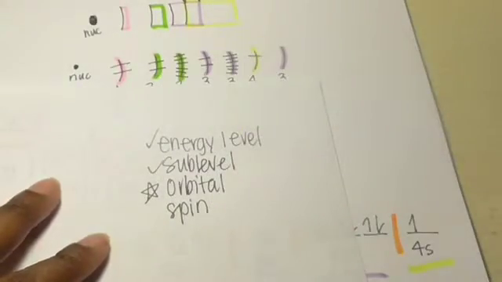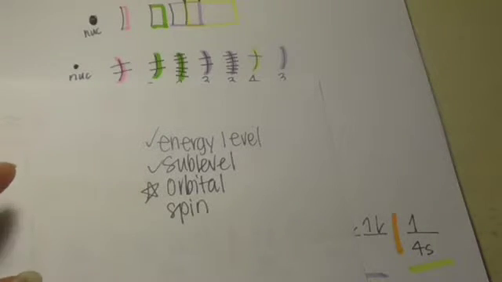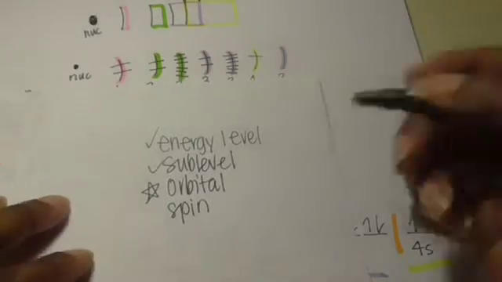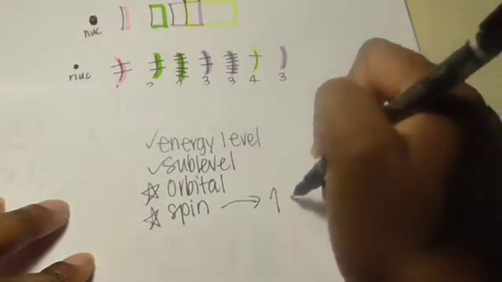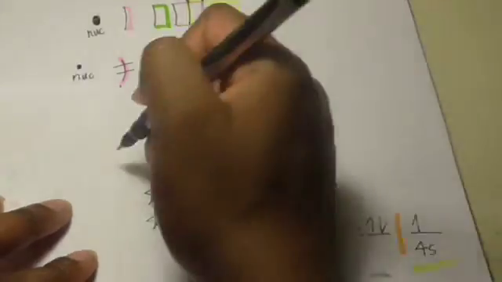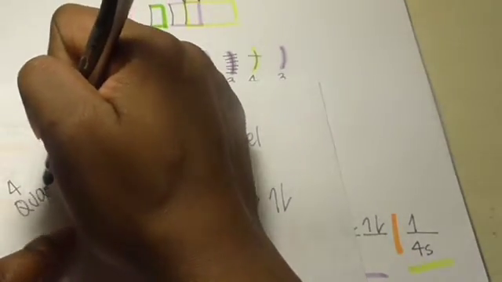So we already know about energy level and sublevel prior to this. Orbitals, that's the number of beds, the number of separations. S has 1, P has 3, D has 5, F has 7. Each orbital holds 2 electrons. So that's where you're getting the 2, 6, 10, and 14 from. And then spin is just the thing that 1 electron points up and 1 electron points down. Again, these are referred to as the 4 quantum numbers.